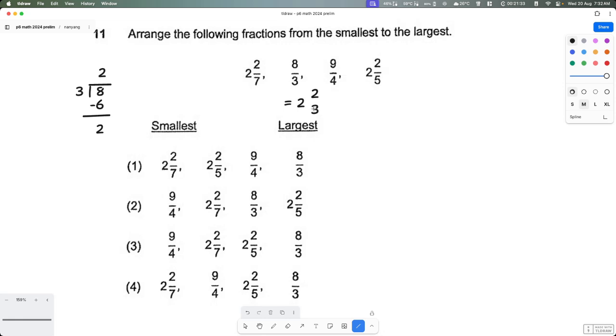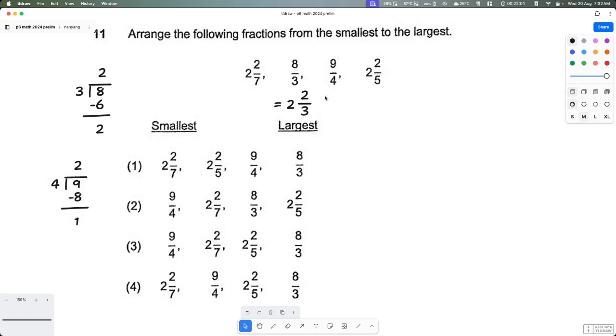Okay, so down to the next one, 9 over 4. Let's see if we can divide it, right? Same thing over here. So we have 9 divided by 4, and then we minus by 8, and then this is 1.